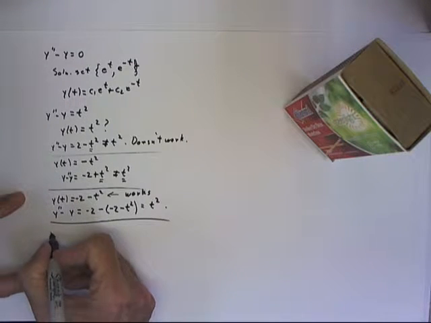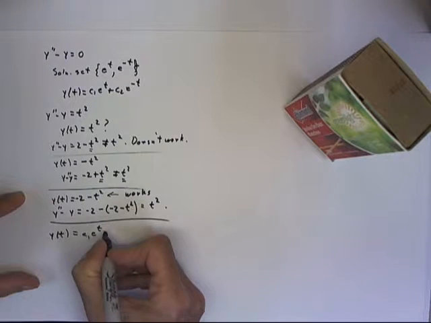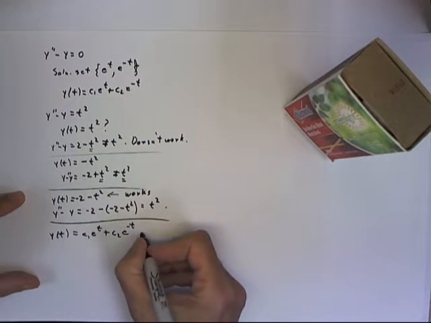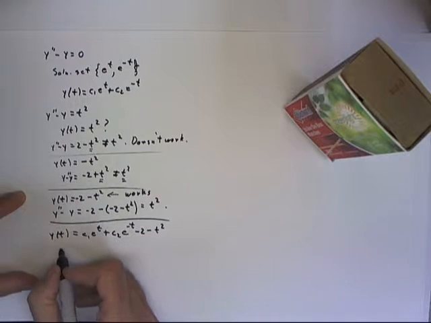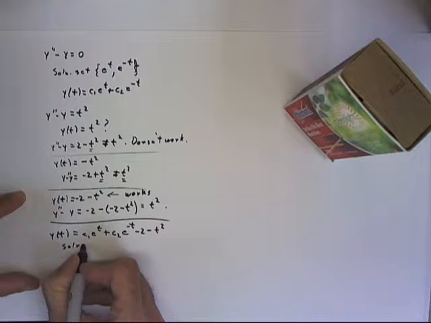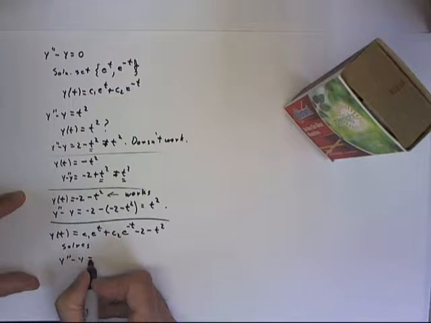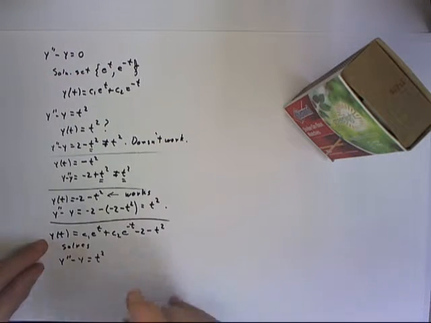So that y of t equals c1 e to the t plus c2 e to the negative t minus 2 minus t squared is a solution to the equation y double prime minus y equals t squared. You should verify this.